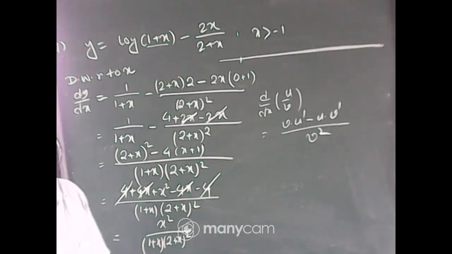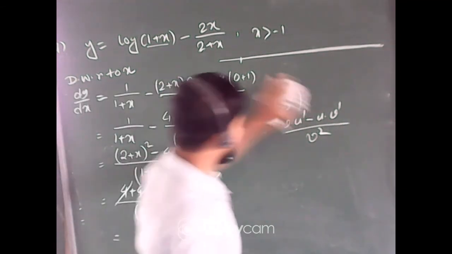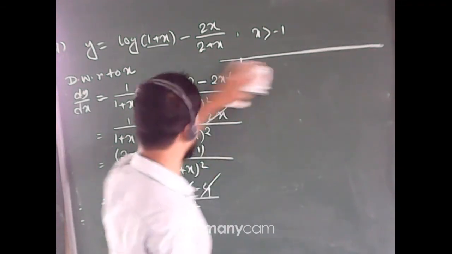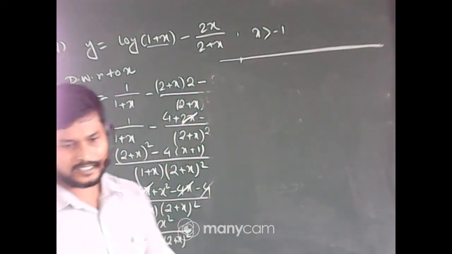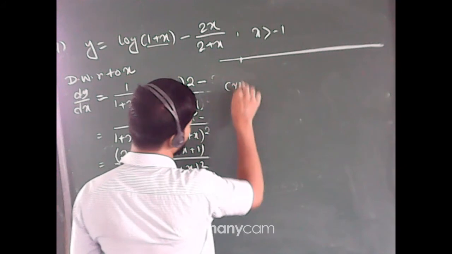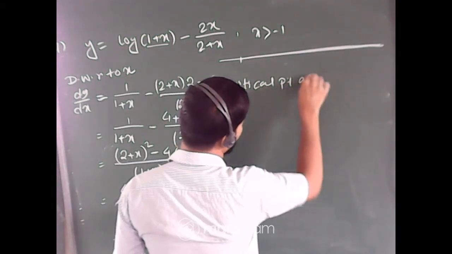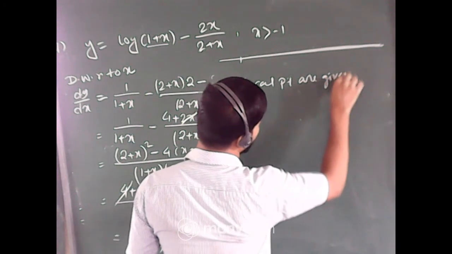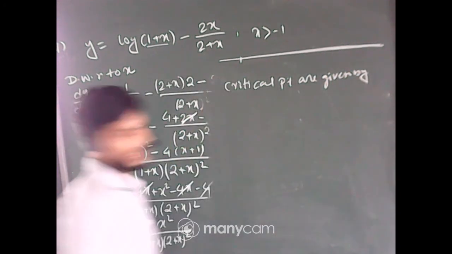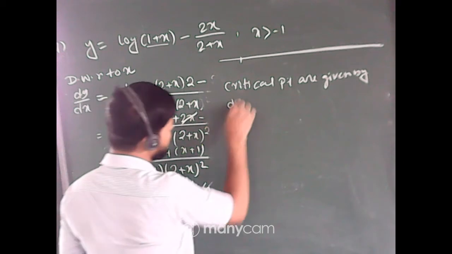Now we'll have to find out the critical point. We know that critical points are given by dy/dx equal to 0.